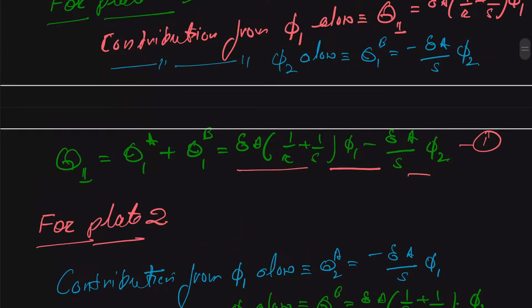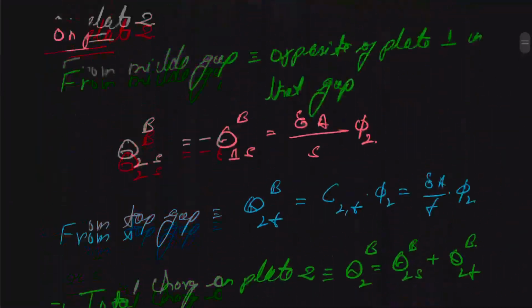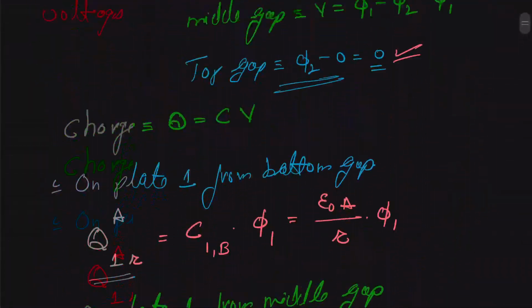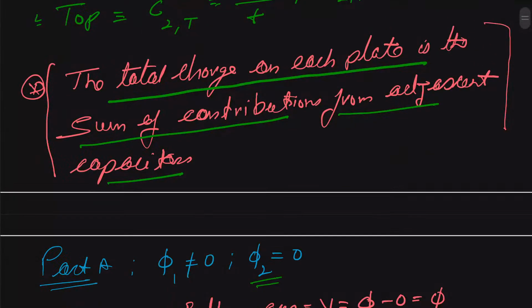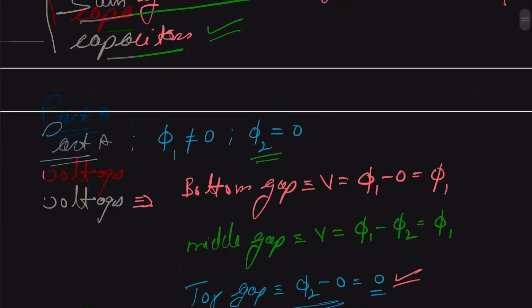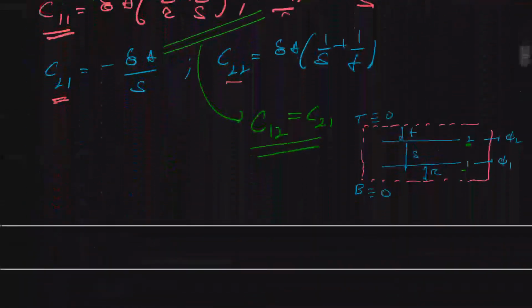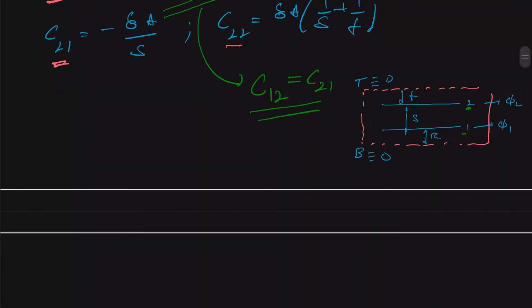Here also we wrote that the total charge on each plate is the sum of the contributions from the adjacent plate. This is an important statement, and this defines our particular solution. Next question.